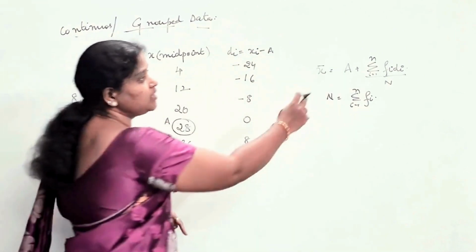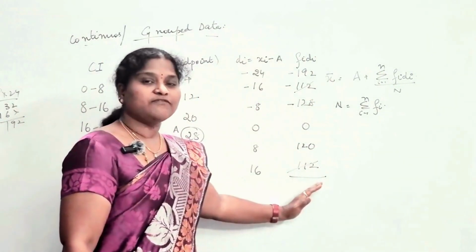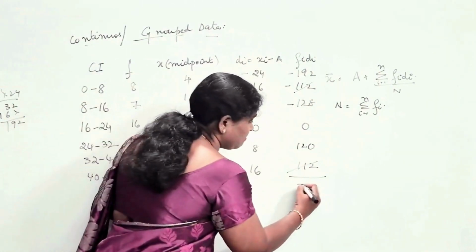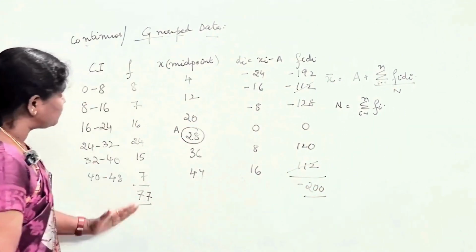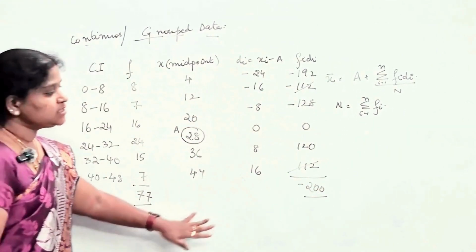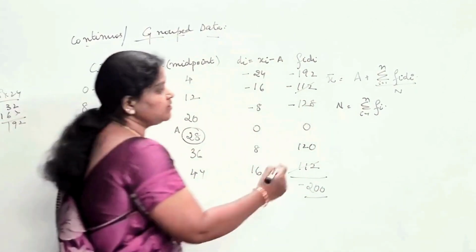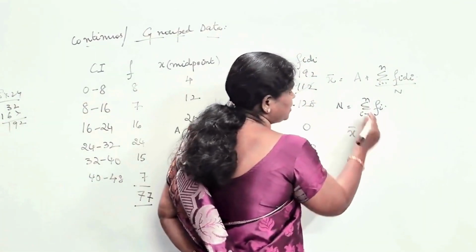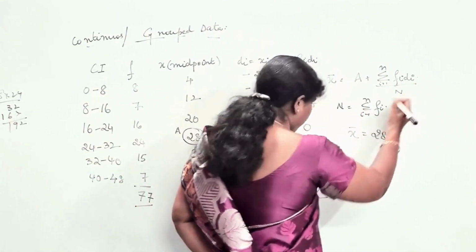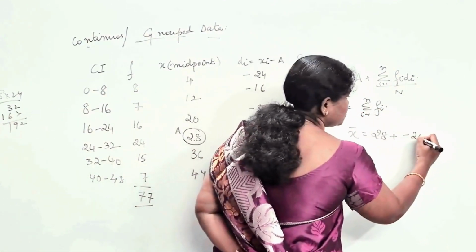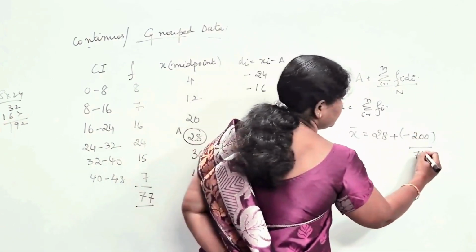Now I'll find out fi di. My total value of sigma fi di will be minus 200. And also summation of all these f values is 77. Since we have sigma fi di and sigma fi, I'll substitute in x bar. So average is equal to x bar, arbitrary value is 28. 28 plus sigma fi di is minus 200 divided by capital N value is 77.